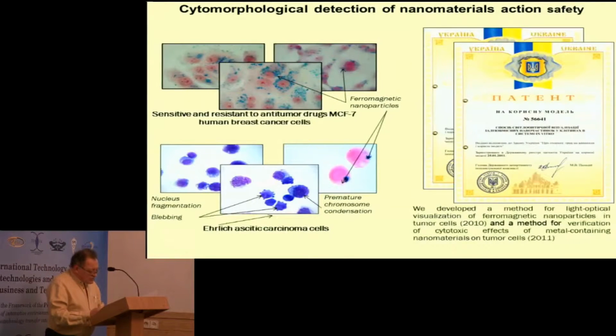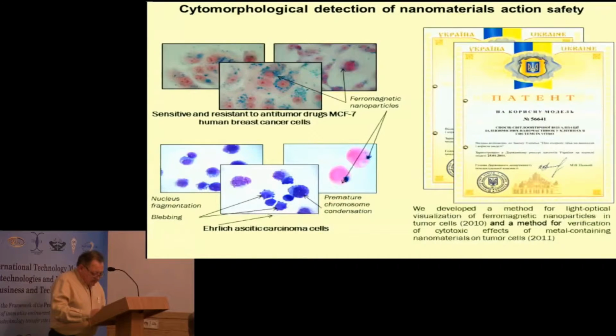colloidal gold. During the first express testing for cytotoxicity, we conducted cytological detection of safety. As you may see from the upper images, we recorded the accumulation of nanomaterials inside the cell. And we observed how these materials impact the very look of the cell, its status.